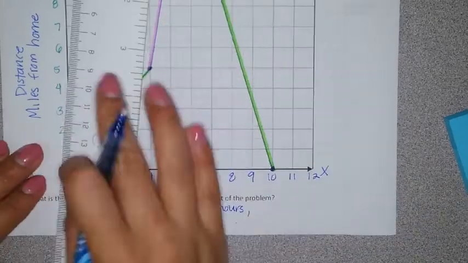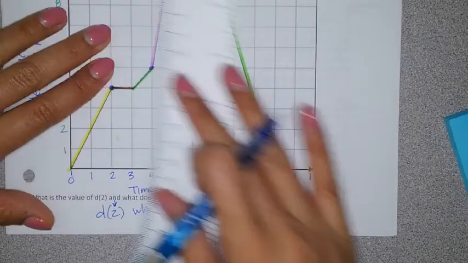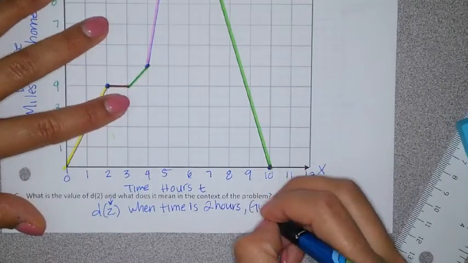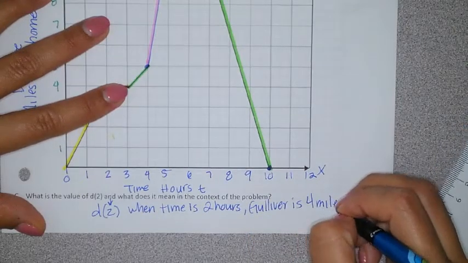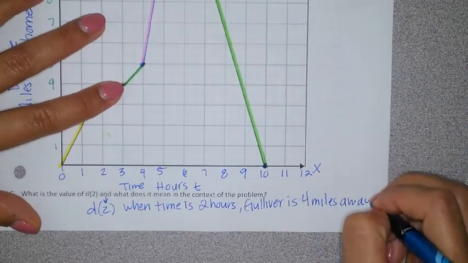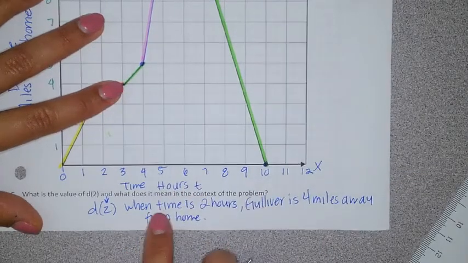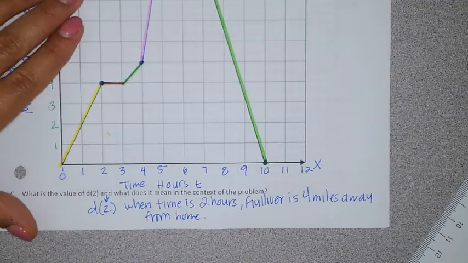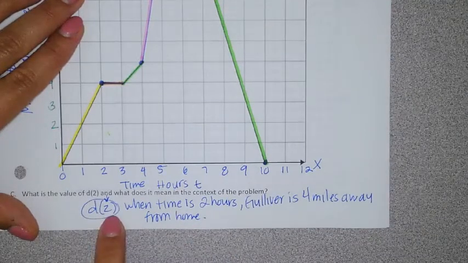So we go over here at time 2. Here's time 2. He is 4 miles away. And you can see here, after 2 hours, Gulliver is 4 miles away from home. That's what d of 2 means. Distance when time is 2.